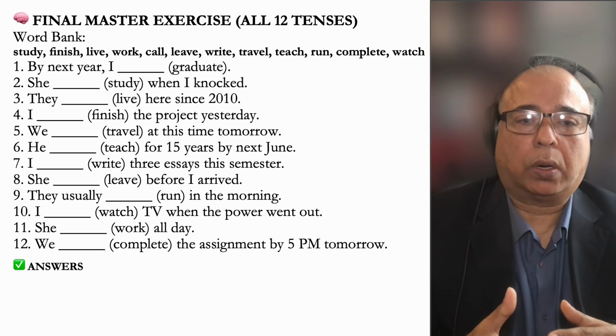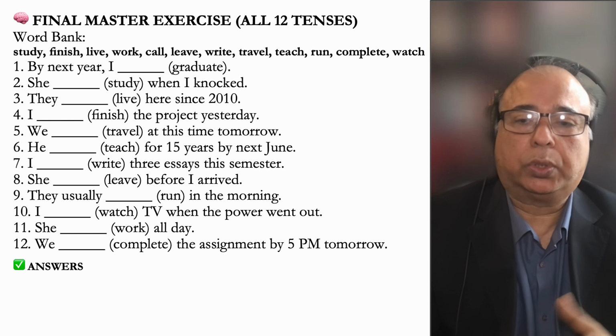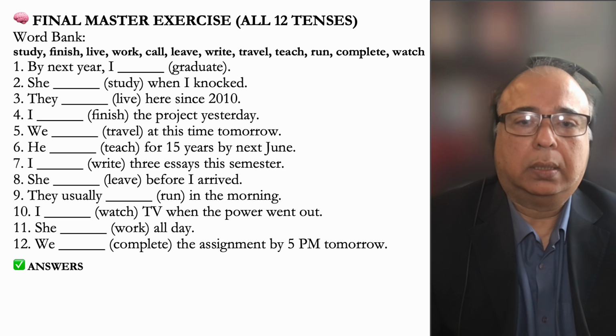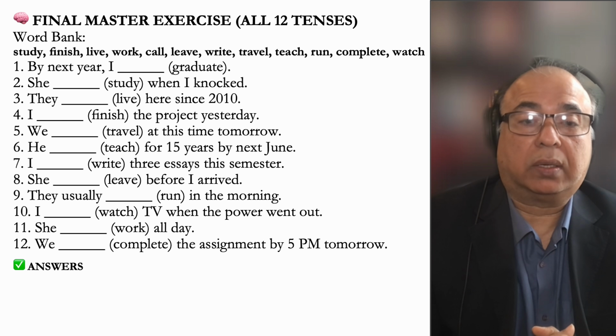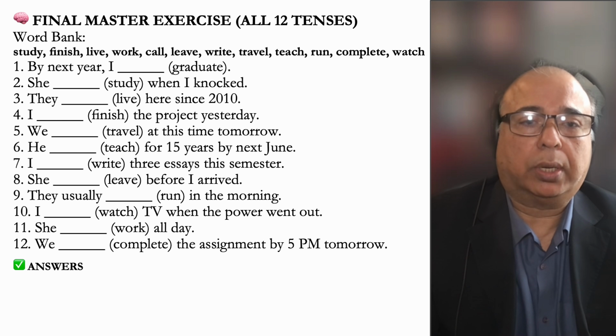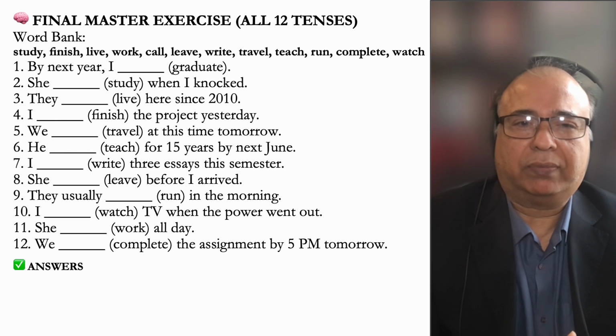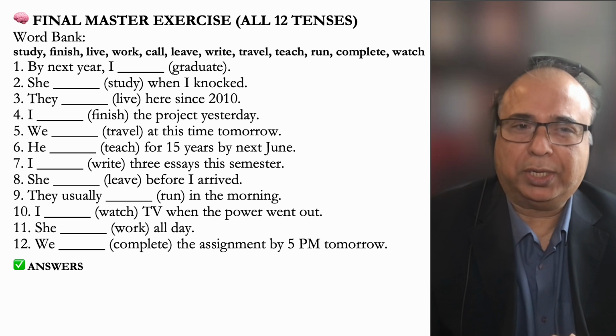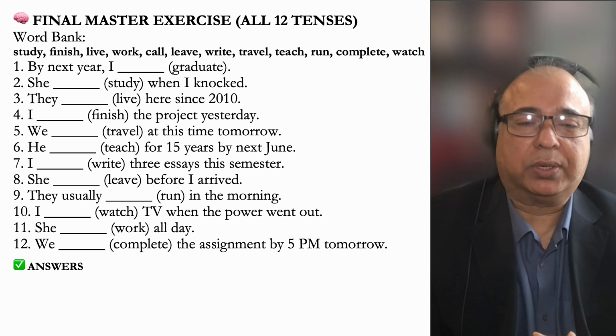So use these words to fill in the blanks, okay? And I will show you the answers when you're done. All right? This was a long lesson. If you stayed with me this far, congratulations. I'm proud of you. Let's do a good job and get all 12 answers correct. Can you do that? All right, I'll wait for you to do it. So pause the video and complete the exercise. All right?